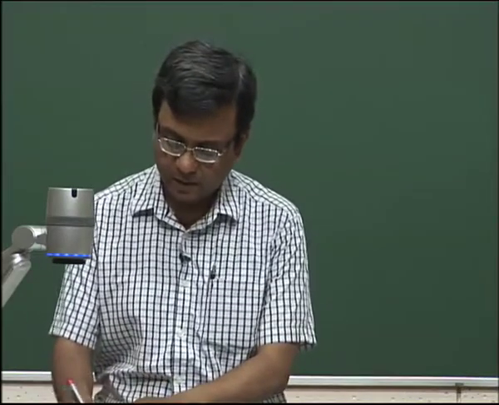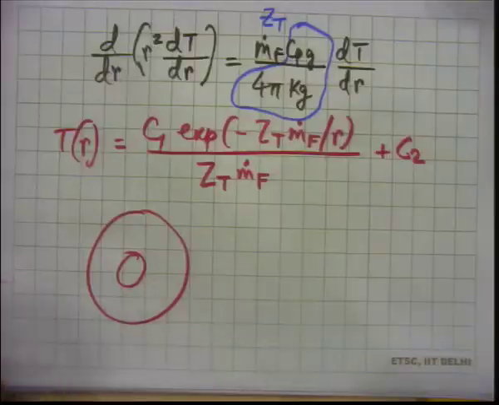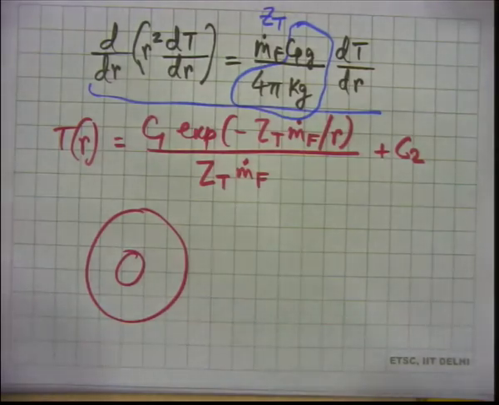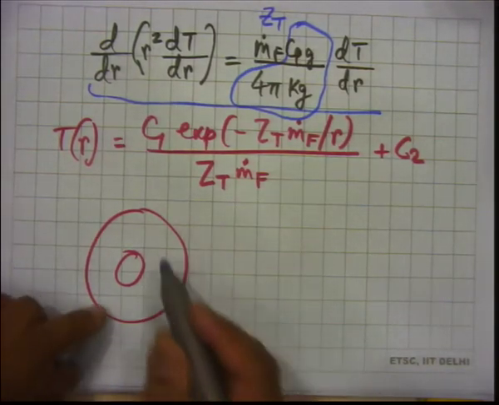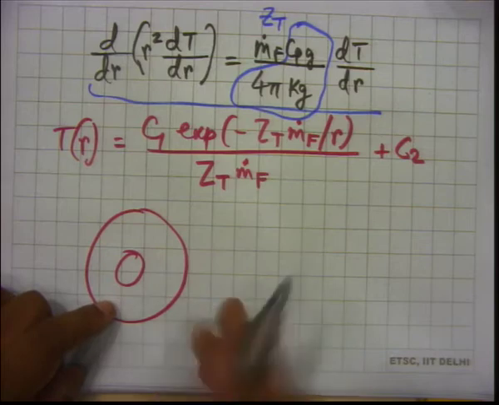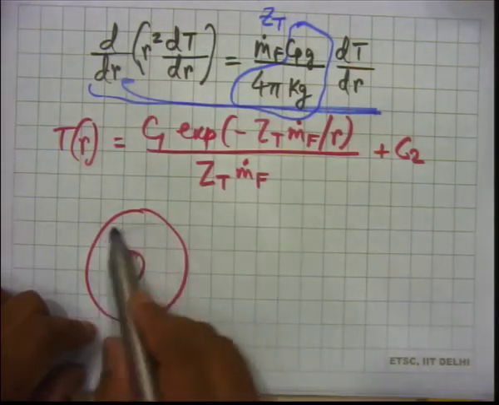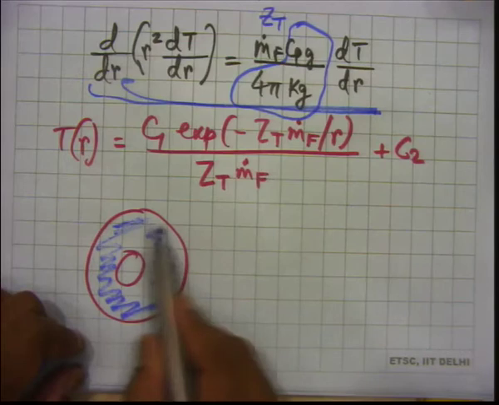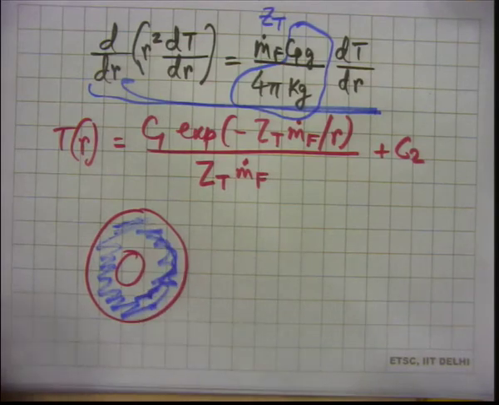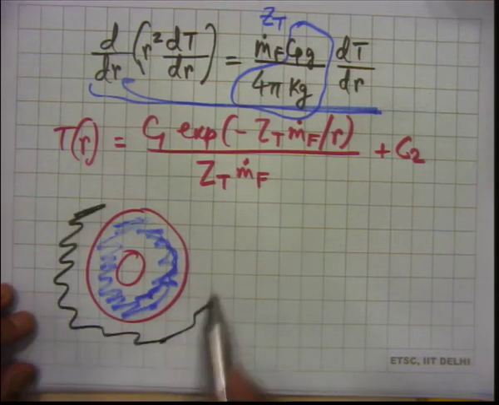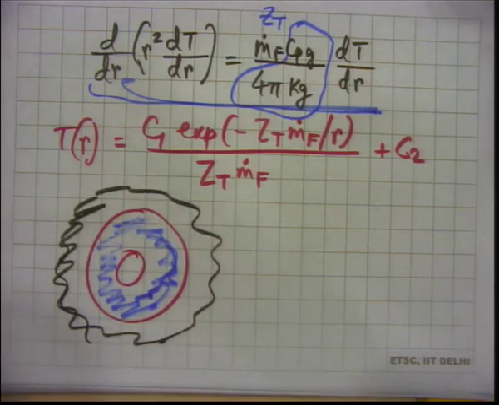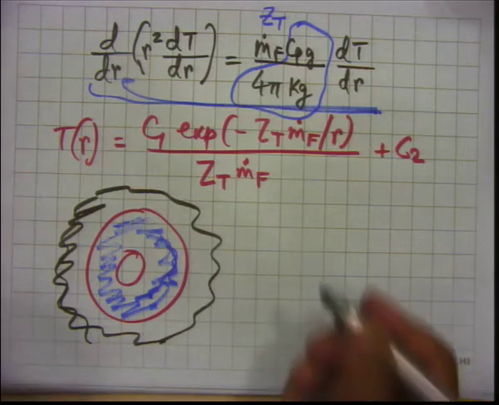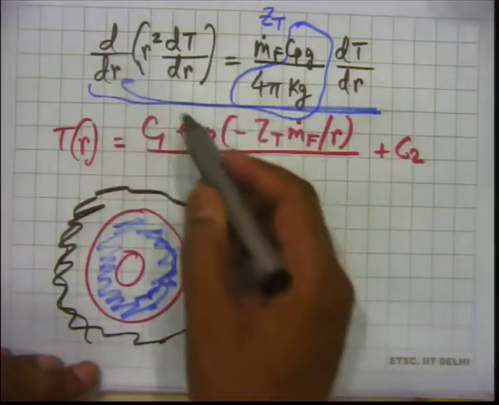So what I'm saying is, this equation is valid everywhere, but we are not considering the flame. Flame is just serving as a boundary. So we take this equation in the inner region, and we will also solve it in the outer region. Flame just sets up the boundary conditions. So what are the boundary conditions? Very easy. You need boundary conditions to get this C1 and C2.